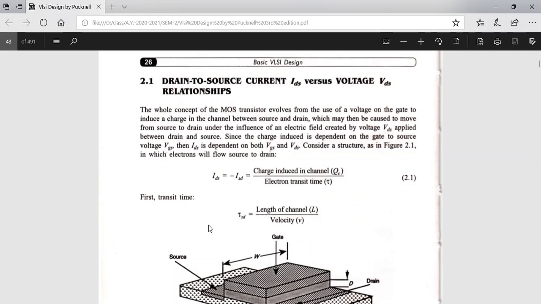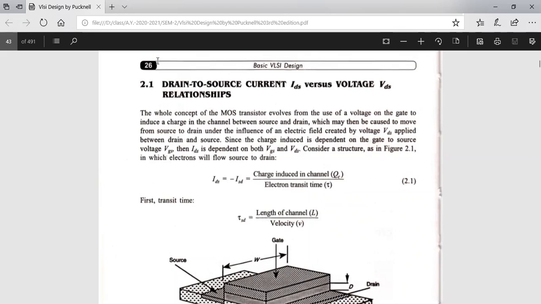For example, VGS, gate to source voltage, means I am applying some voltage difference between the gate and the source. That is called VGS.